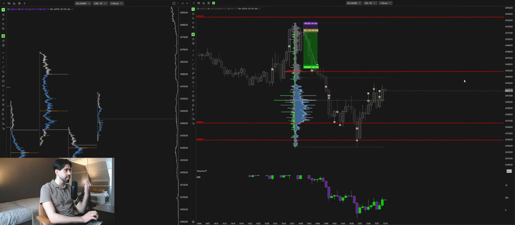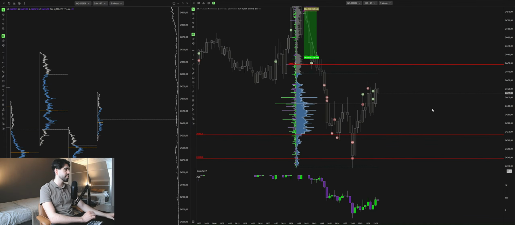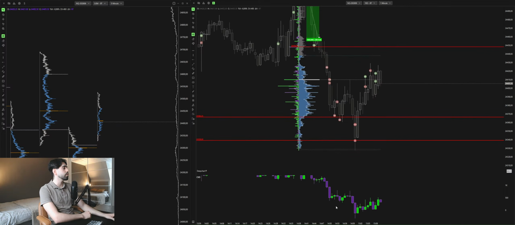It looks muy bien, very good. Buyers try to push there but too slow, so the sellers are stealing because of the CVD. As you see in CVD, we're going to fall. Isn't that a bearish divergence down there?